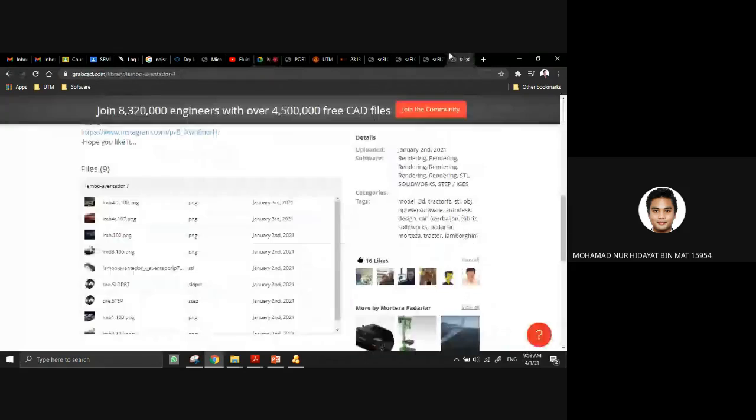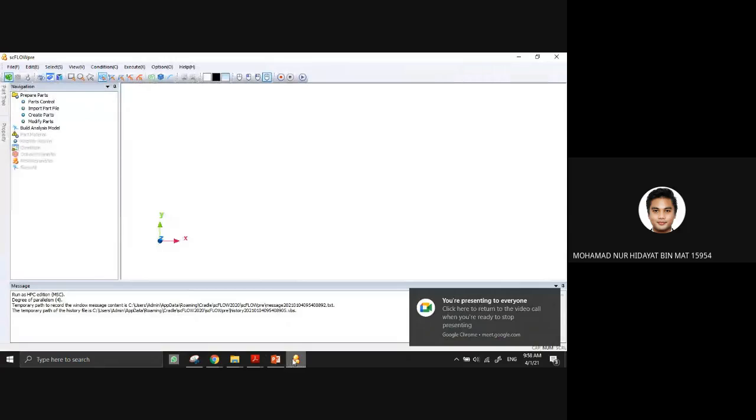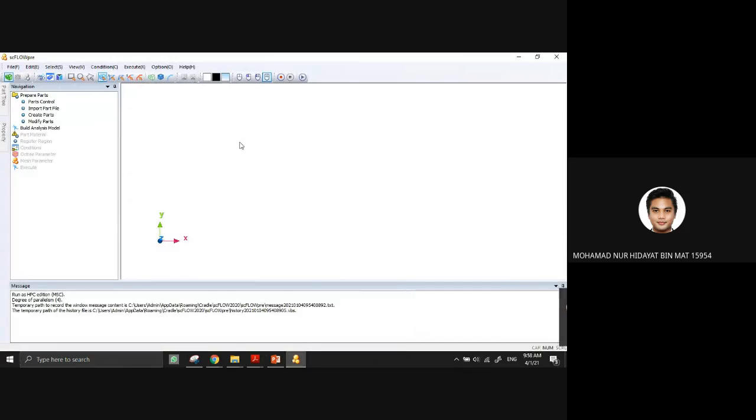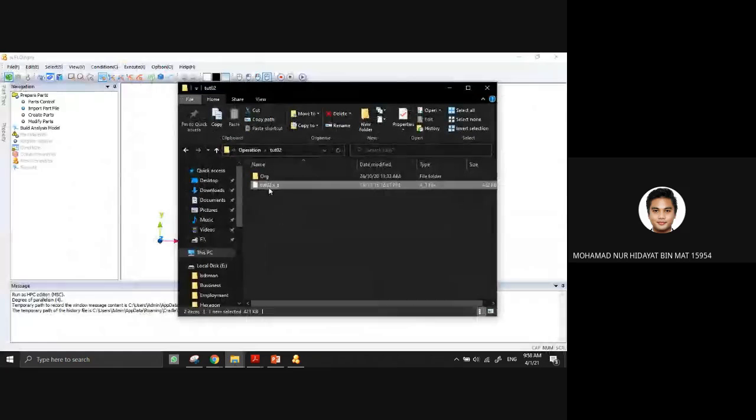Okay. So this model can be further simulated and analyzed. This is the very interesting part if you learn fluid mechanics. This is basically the application of fluid mechanics. So, for example, this is my model.